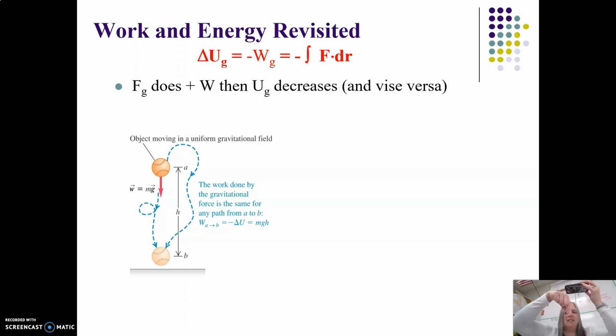If I let gravity do work, I'm not going to drop my phone, but if I did, it would come down, the work done by the force of gravity would be positive, and I would lose potential energy. So force of gravity does positive work when the potential energy decreases, and it does negative work when the potential energy increases. So they have opposite signs to each other.